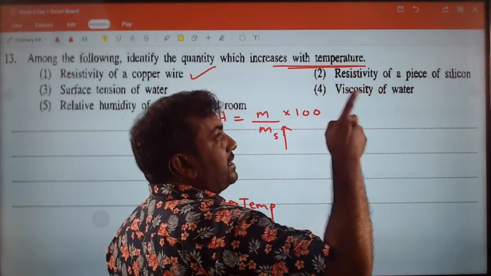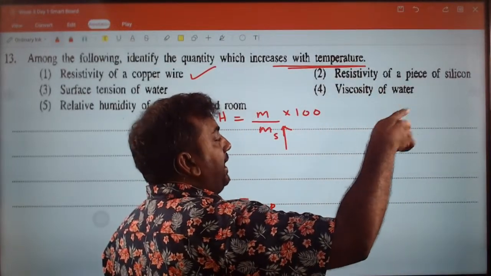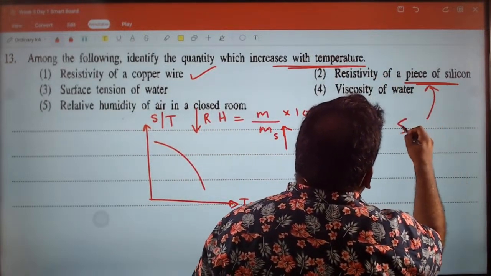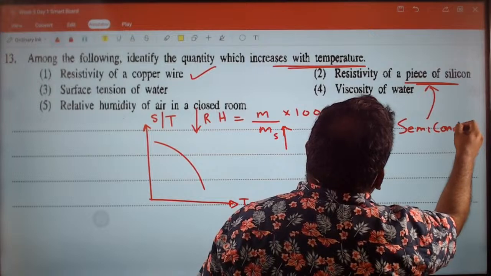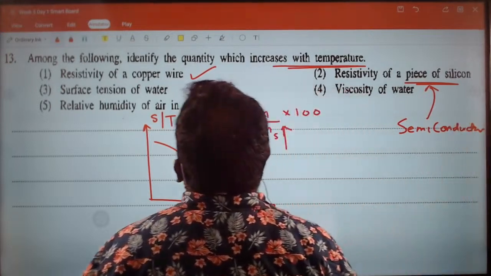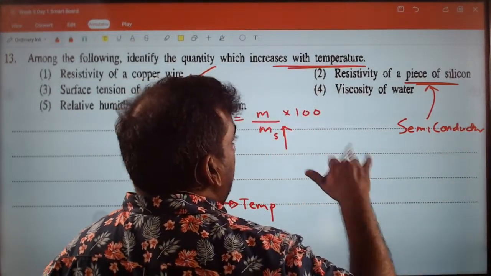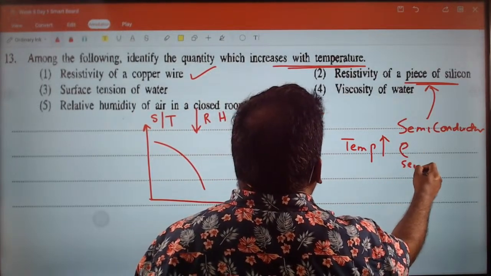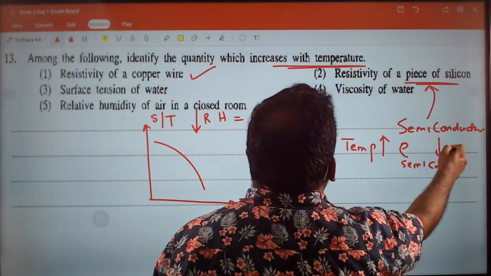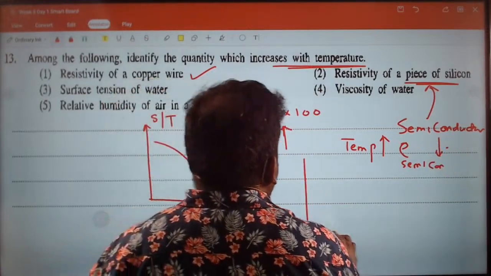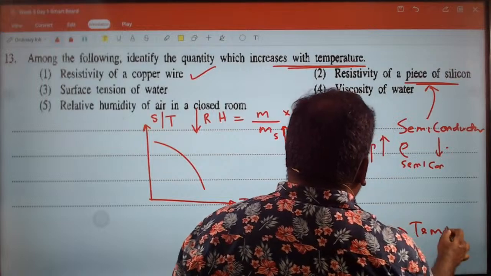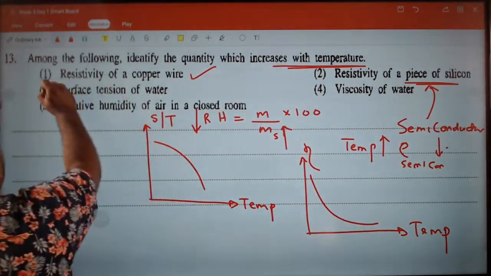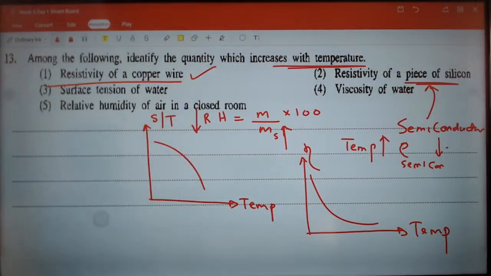Temperature increases, more electrons are there, conductivity increases. This is a semiconductor. When temperature increases, resistivity of a semiconductor will decrease. Viscosity of water: temperature increases, viscosity eta will reduce. So I can easily say resistivity of a copper wire. That's it.